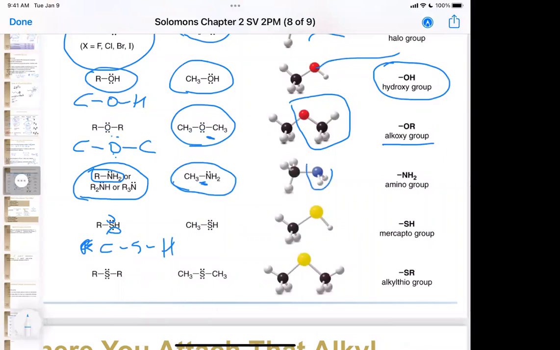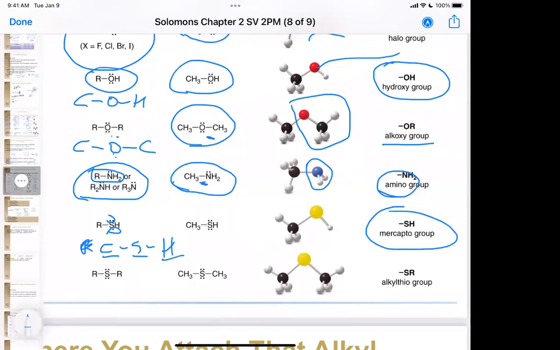When we changed it to the nitrogen, we call that the amino group. When we go to the thiol, we call it something really weird. We call it mercapto. I think it comes from alchemy, and they tend to be very smelly things. But the substructure here is carbon, sulfur, hydrogen.